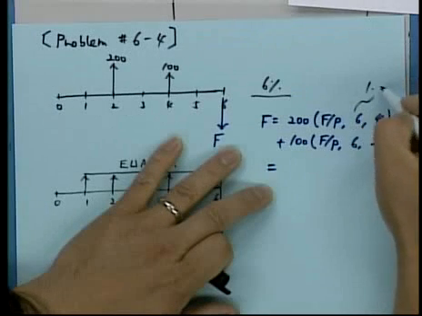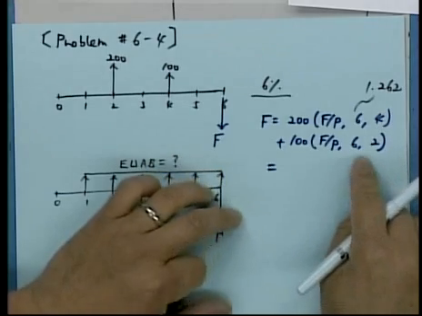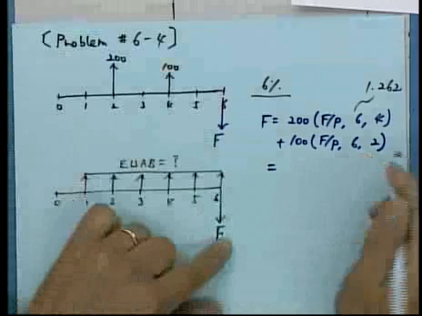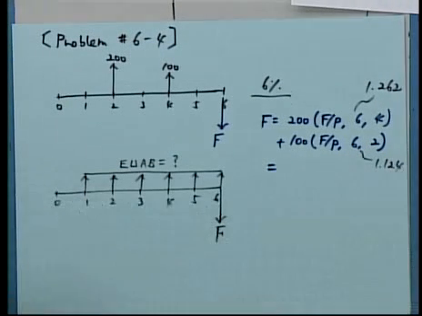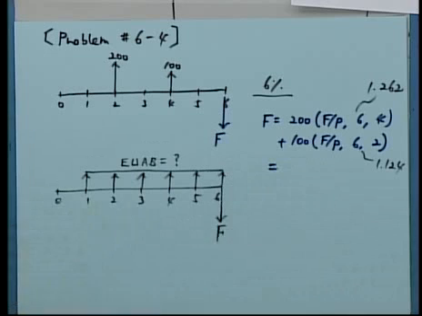Over 2 periods is 1.124. Then how much is this future sum of money F at the end of period 6?